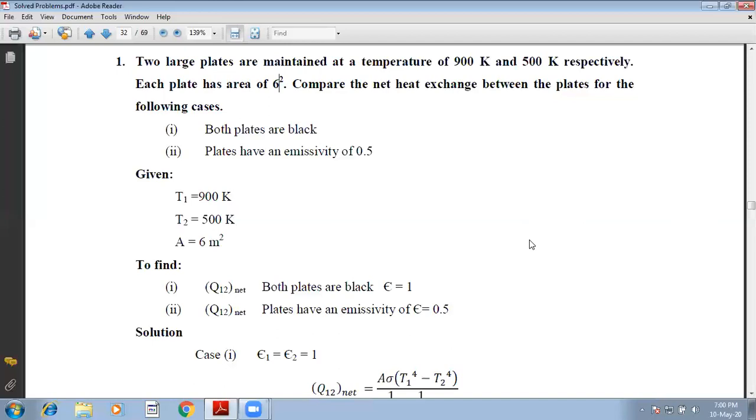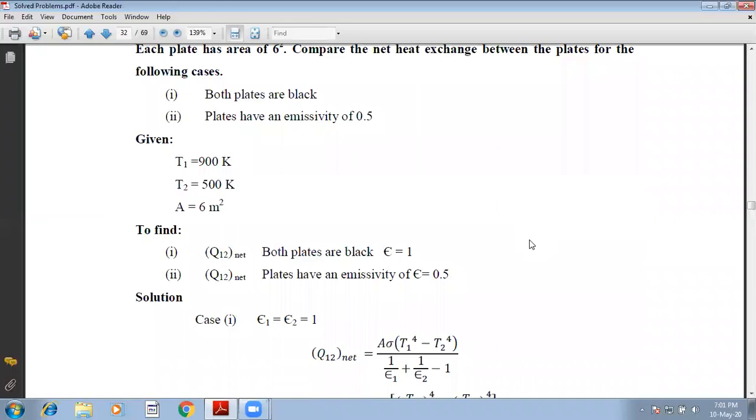Now, in order to find the net heat exchange between the plates, we need to take the help of the Stefan-Boltzmann equation, which is as follows.